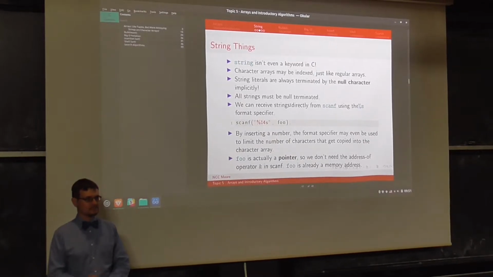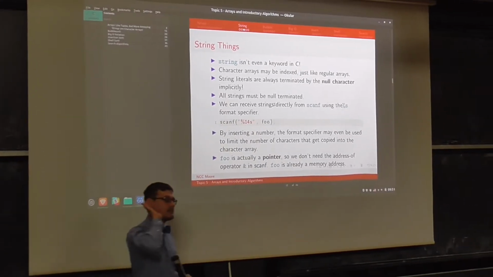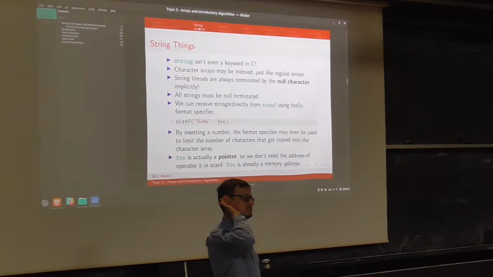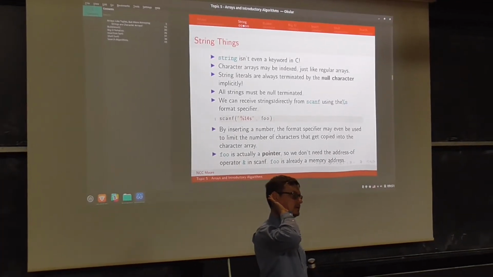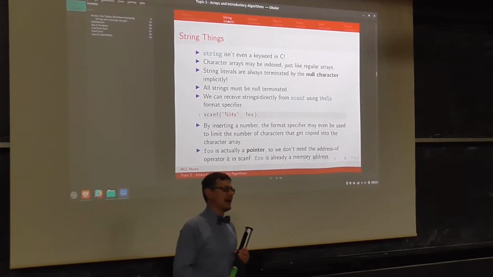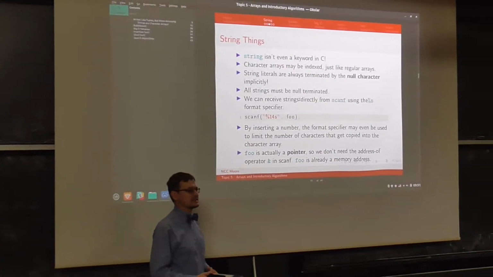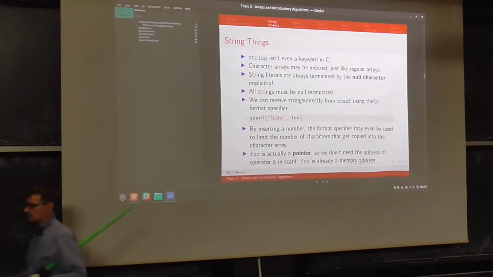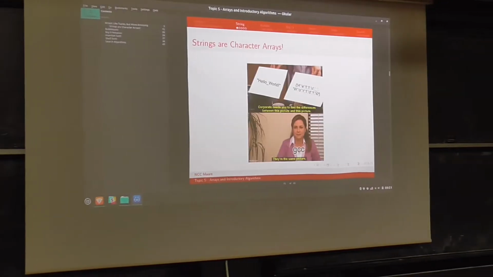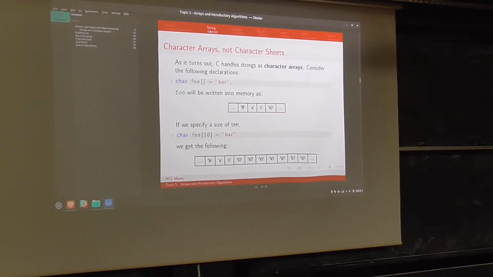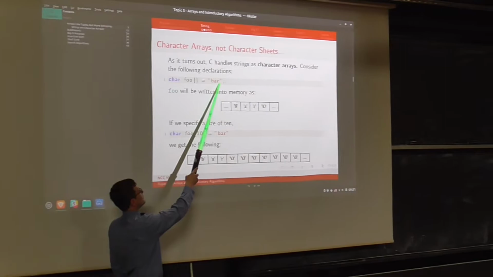Question? Is it possible for you to put the null terminating character in yourself if you didn't change anything? Well, you don't have to put it in yourself because it's implicit. That's how C works, there is one there.